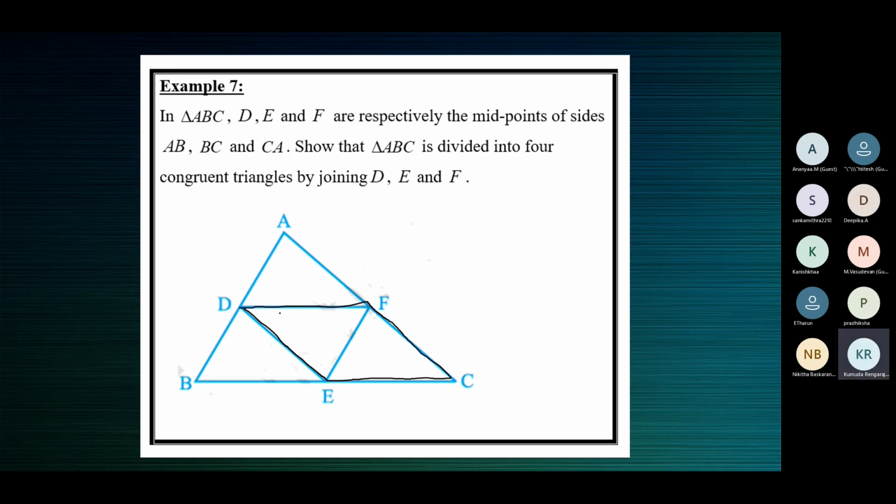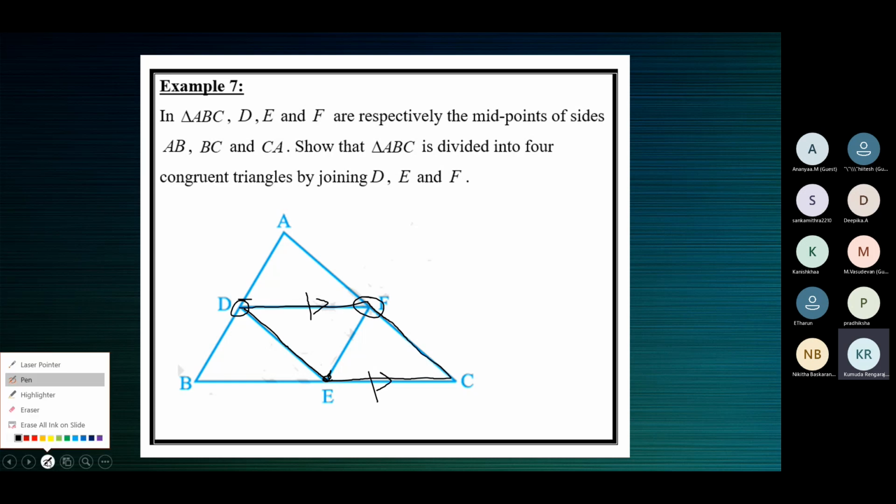The procedure is the same. D is the midpoint, F is the midpoint, so DF is parallel to BC, so DF is parallel to EC. And DF is equal to half of BC, which is EC, because E is the midpoint. So this is another parallelogram.